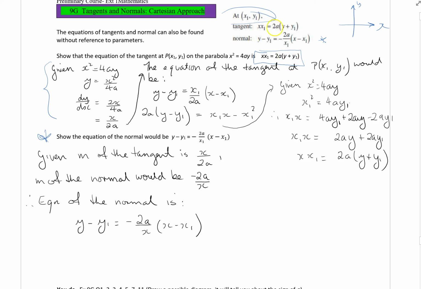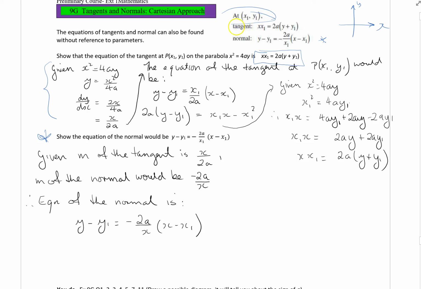Now, we've got our point, x1, y1. We don't have to do anything. We just have to focus on the gradient. We know the parabola is in the format x squared equals 4ay.